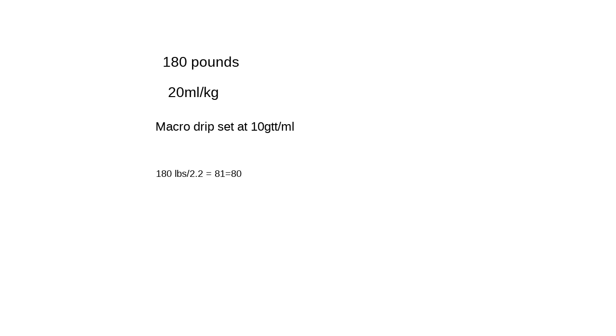Then 80 kilograms multiplied by 20 mil per kilogram gives you 1,600 mil.